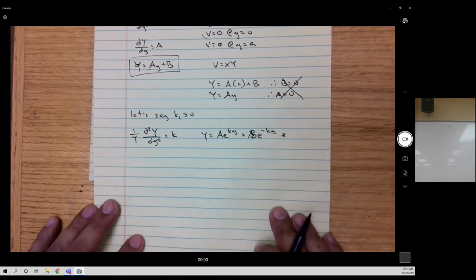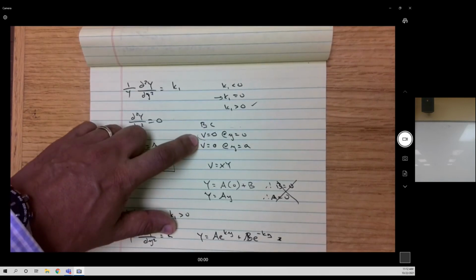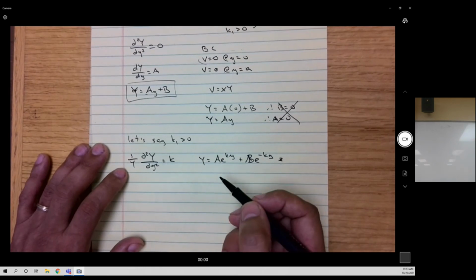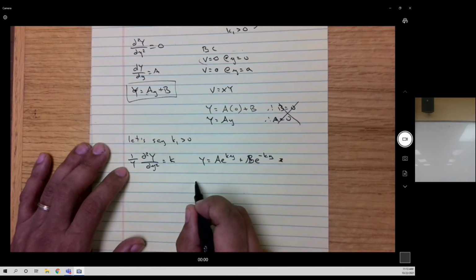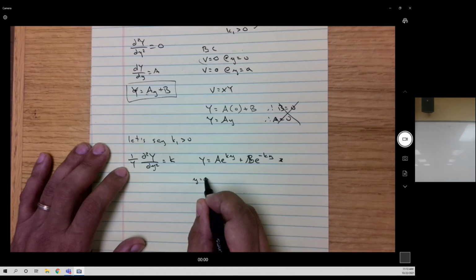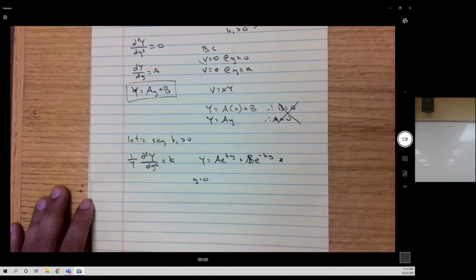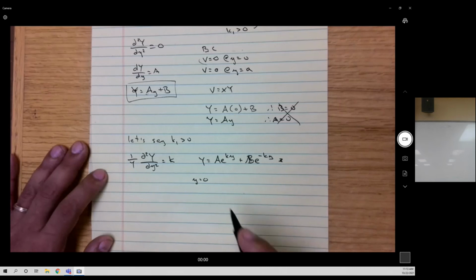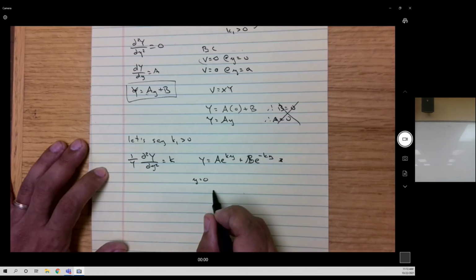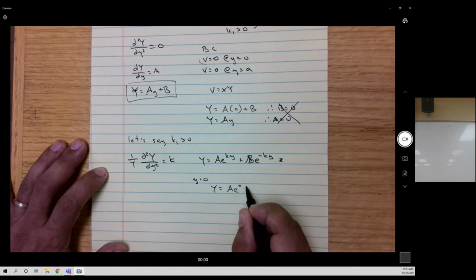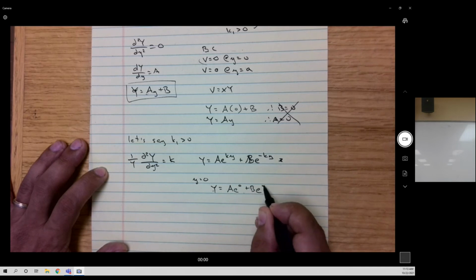Okay, and I'm going to do exactly the same. I'm going to apply these two boundary conditions, and I'm going to try to make y equals 0. So when y equals 0, I'm going to have A e to the 0 plus B e to the 0.